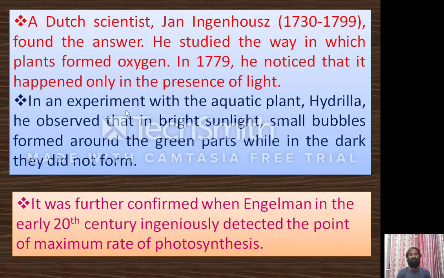Light is essential for the process of photosynthesis, and which light is used for the maximum rate of photosynthesis was confirmed by Engelmann. How did he confirm which light is used for the maximum rate of photosynthesis?